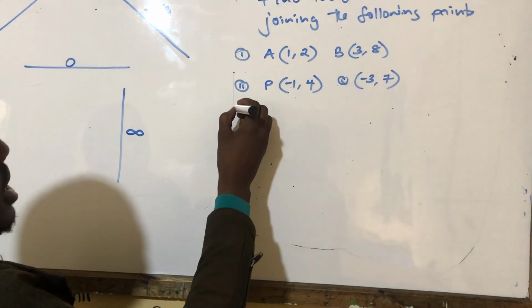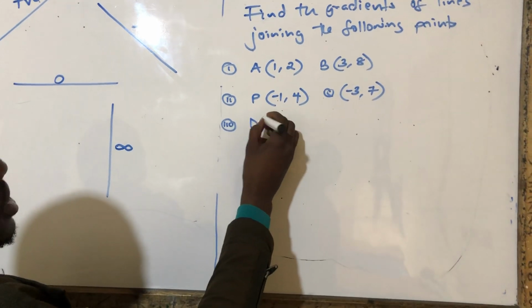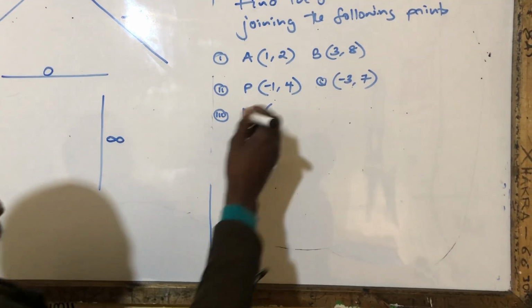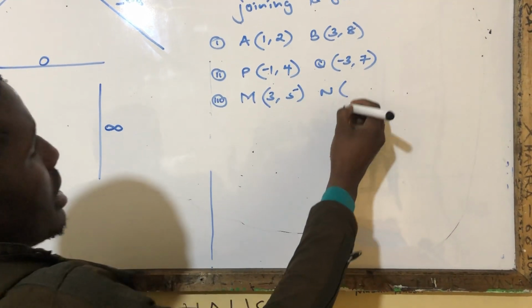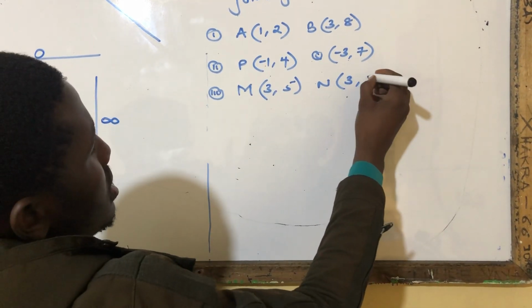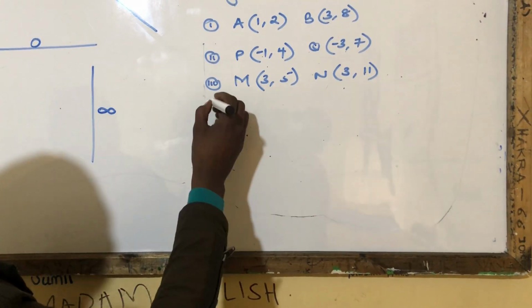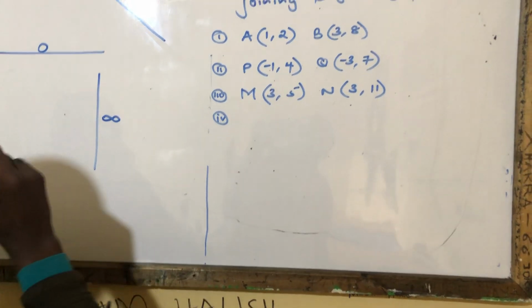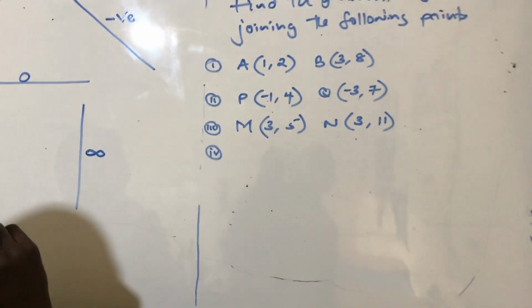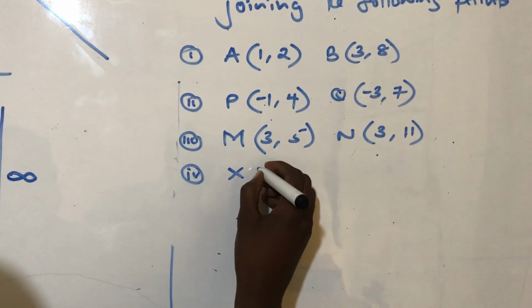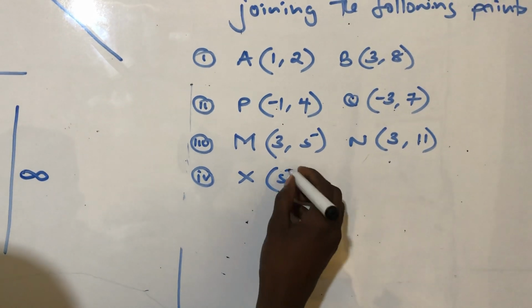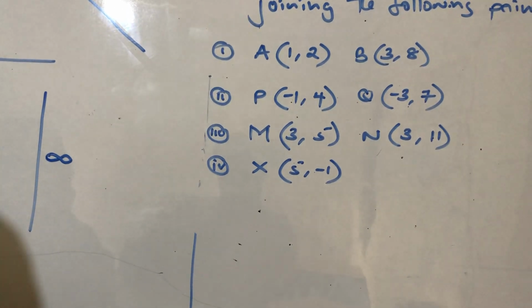Then let's consider another line joining the point M, which is (3, 5), and the point N, which is (3, 11). And last but not least, we will consider a line joining the point X, whose coordinate is (5, -1), and Y, (7, -1).